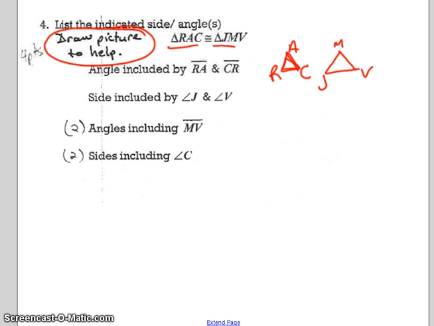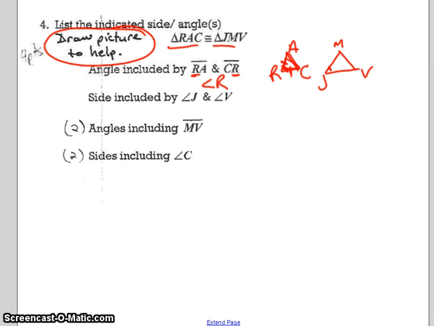What is the angle included by RA and CR? Well, that's angle R. R is in both of them. That's a little hint for you. So it's angle R. What's the side included by angle J and V?